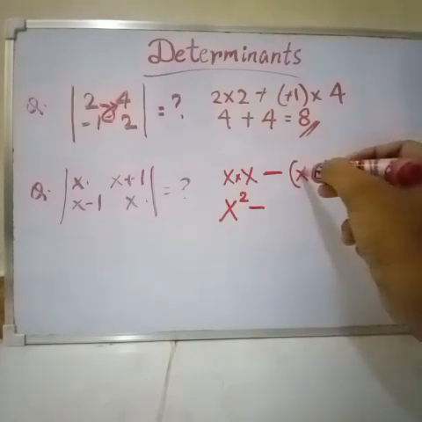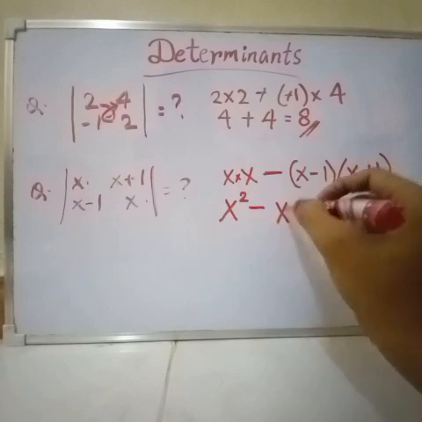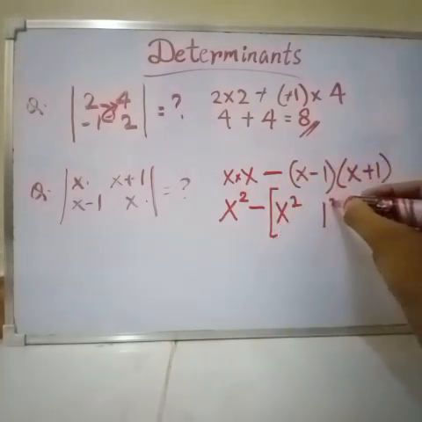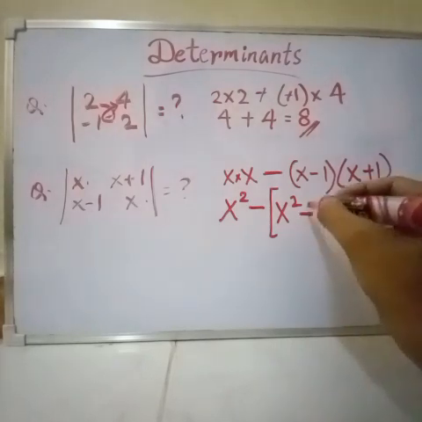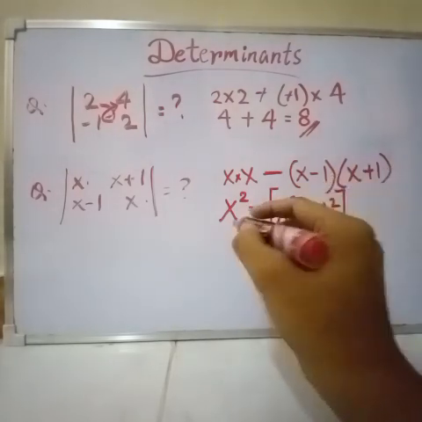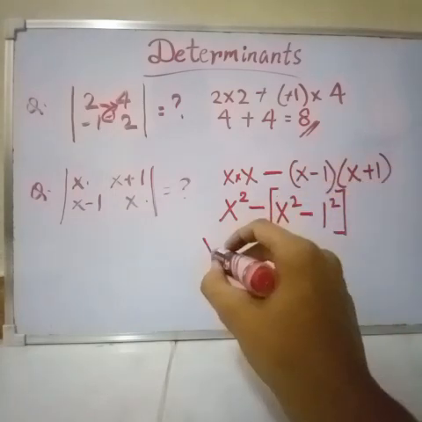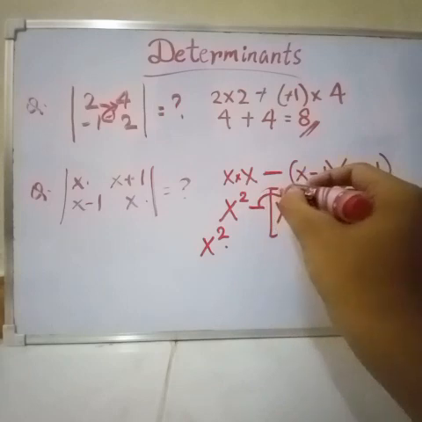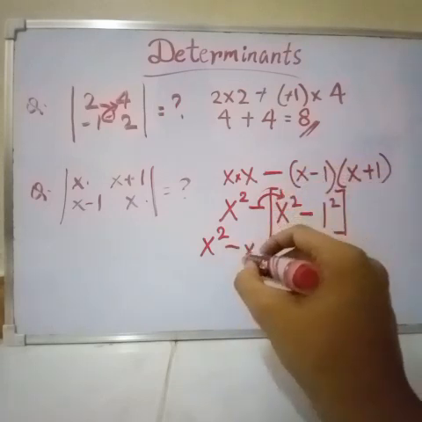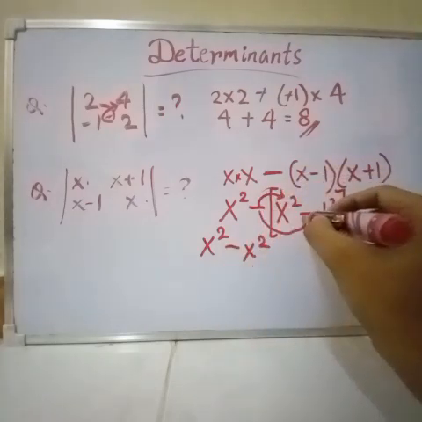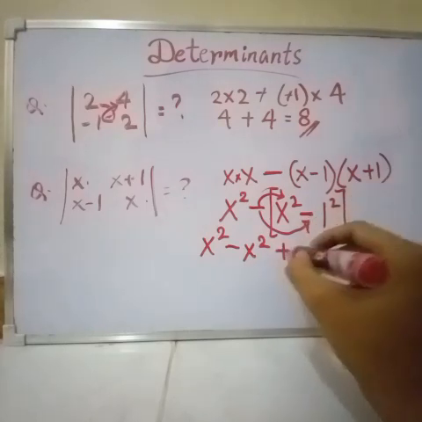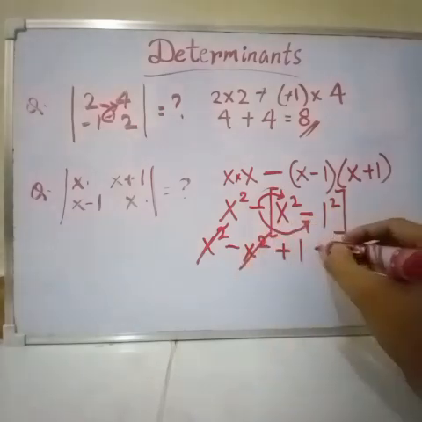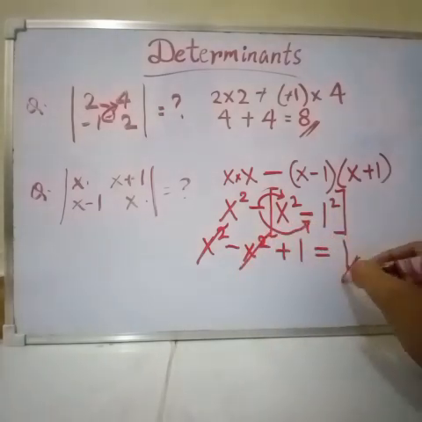Here instead of a we have x, and instead of b we have 1, and in between it should be a negative symbol. So now we take the minus inside the bracket. So x squared, minus times plus would be minus x squared, and minus times minus would be plus 1 squared, which is 1 itself. So x squared and x squared would cancel, so the determinant is 1.